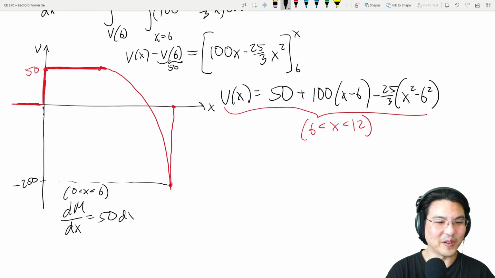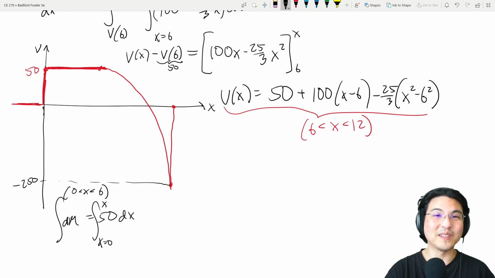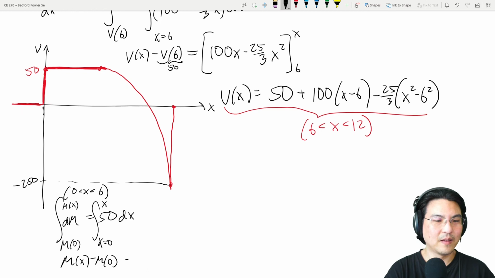Move dx over here, and then you can integrate from x equal to 0 to some other x between 0 and 6. M at 0, some other M. So 50 dx from 0 to x.